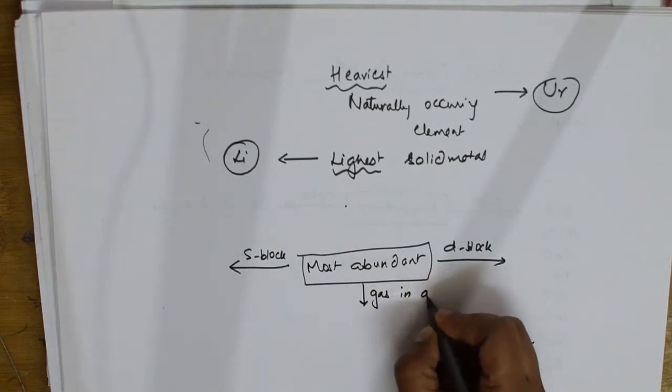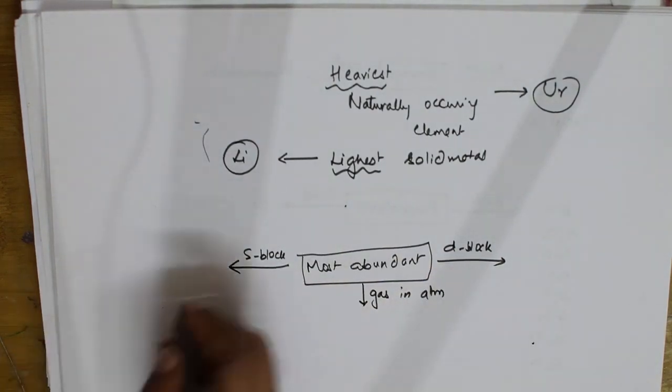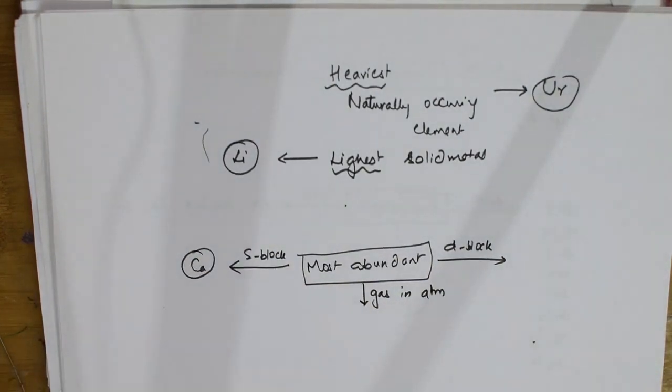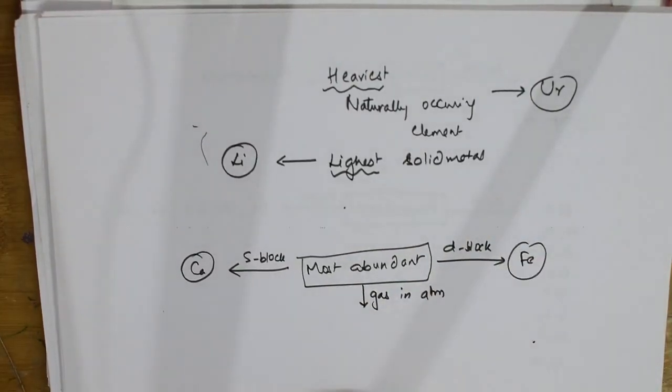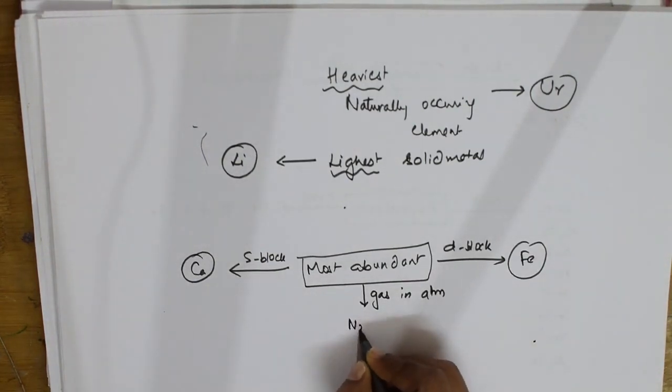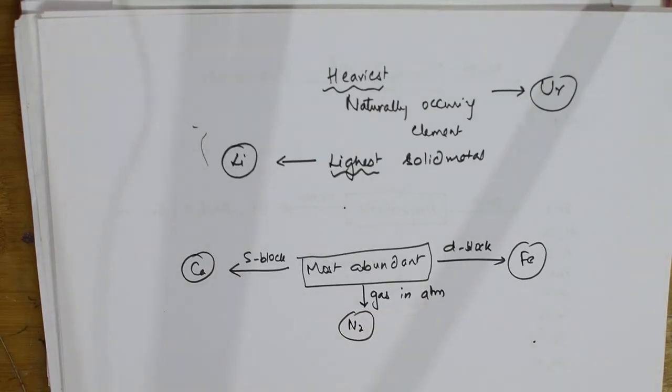In the S block, the most abundant element available is calcium. In the D block, the most available element is iron. And the gas which is abundant in the atmosphere is nothing but nitrogen gas.